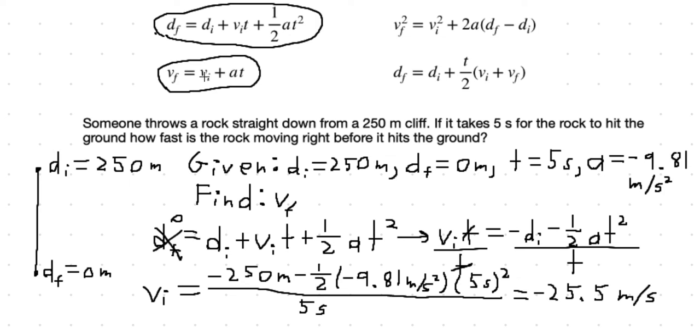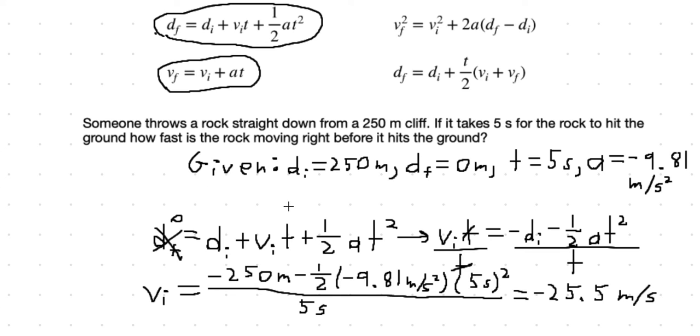Because we know initial velocity now, we know A and T because we're given those variables, so we can solve for what VF is. And again, I'm just going to plug in the variables now.